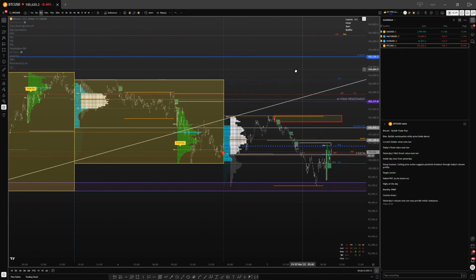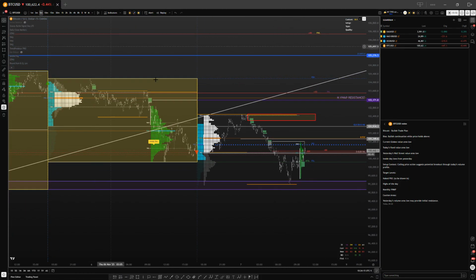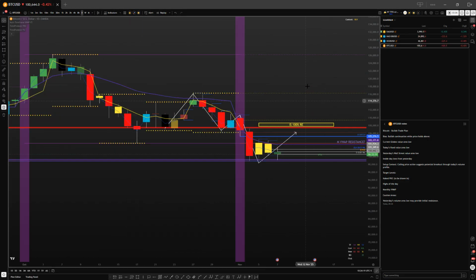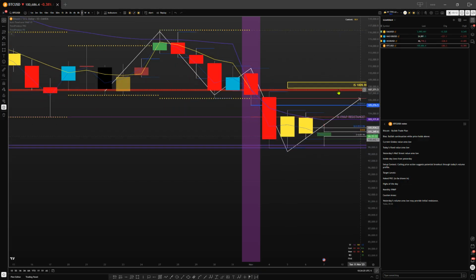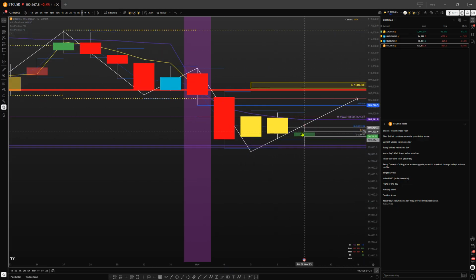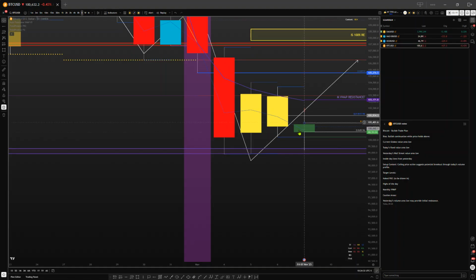We've got a monthly VWAP that we've pulled away from over here. As you can see, there's the monthly VWAP on that daily chart, and we could be drawn back in towards it. Fake out lows. You can see a fake out low candle developing here, bullish inside of yesterday's inside day candle.